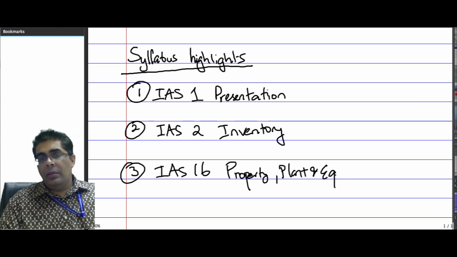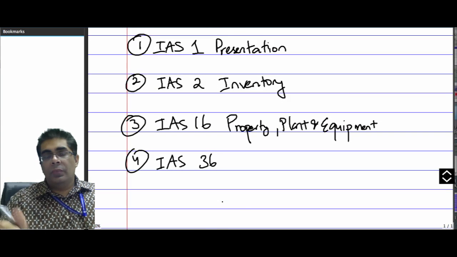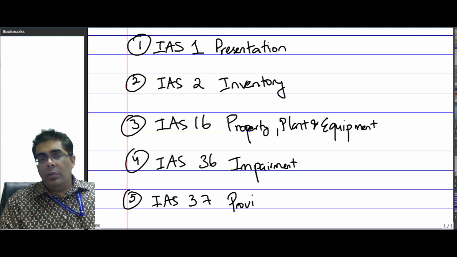Then you have your IAS 36, which is your impairment. You have IAS 37, which is your provisions.